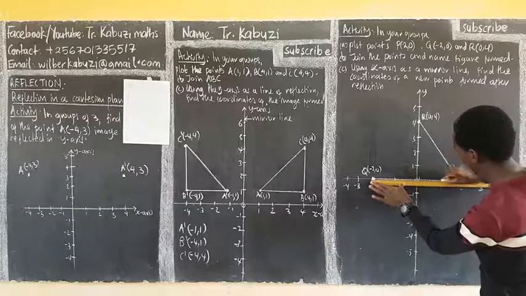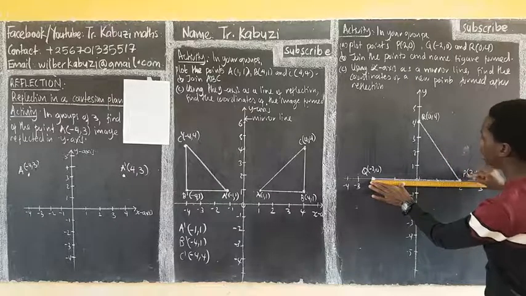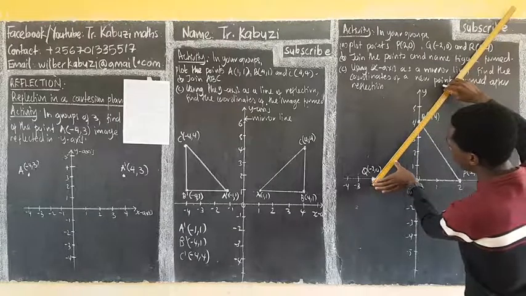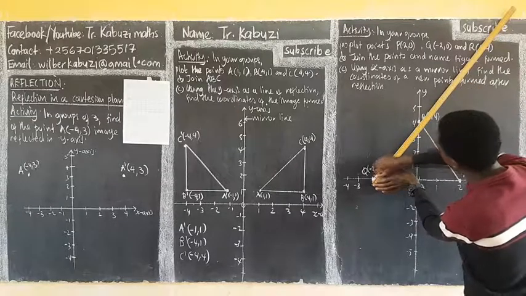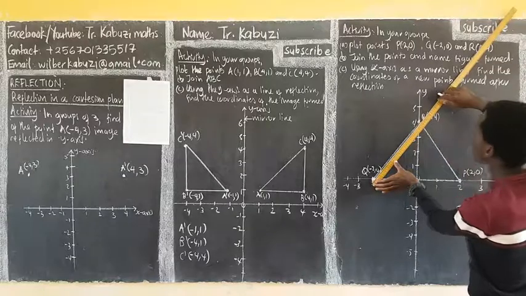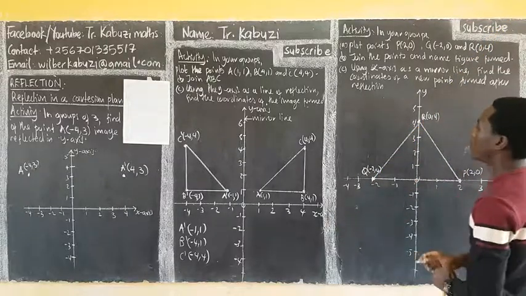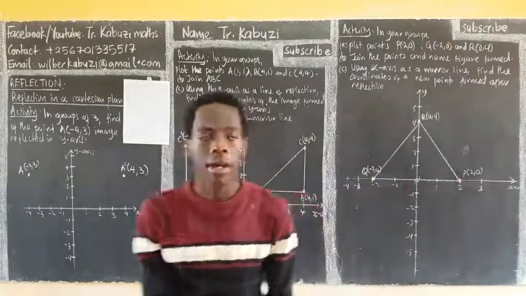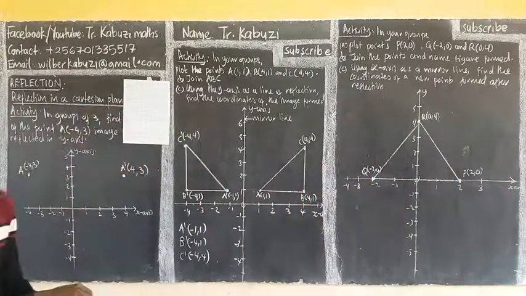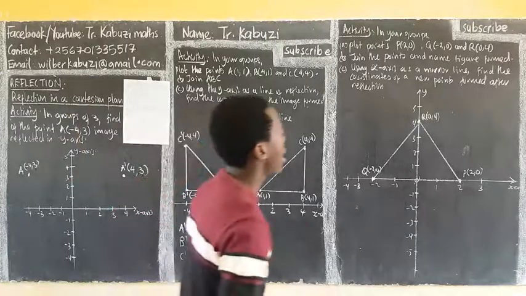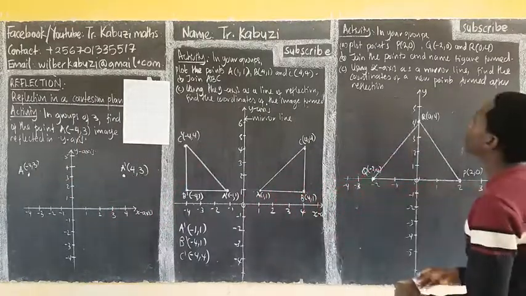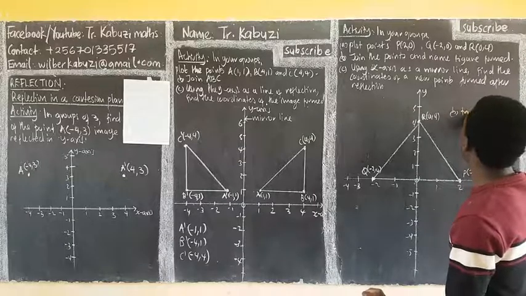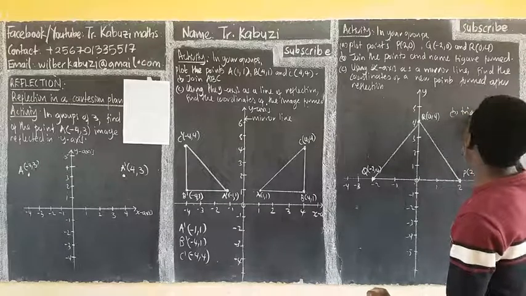Q to P. Then we join this also. Whoever joined it, you give another mark. So those are 4. So to name the figure, which figure is that? A triangle. So part B is a triangle.